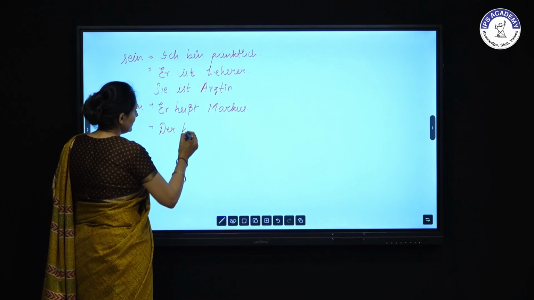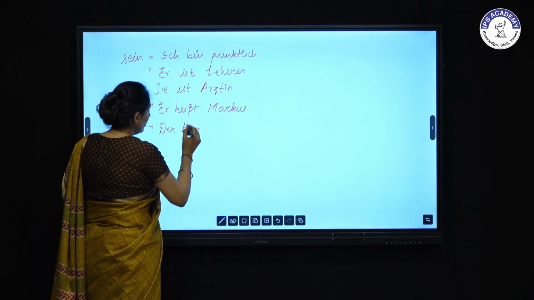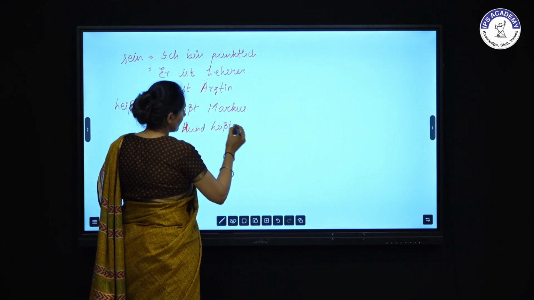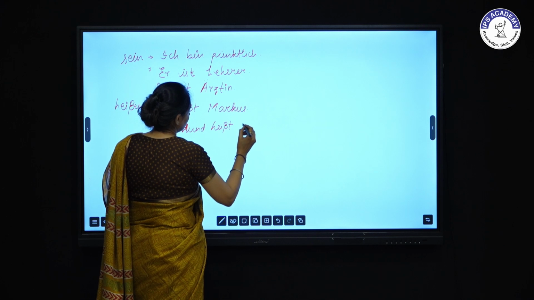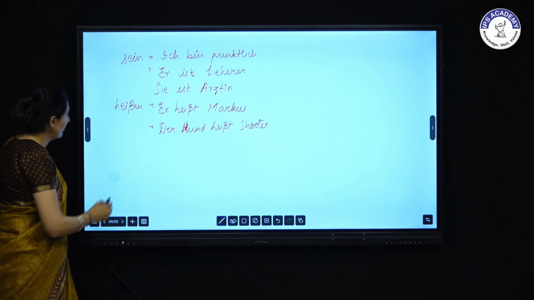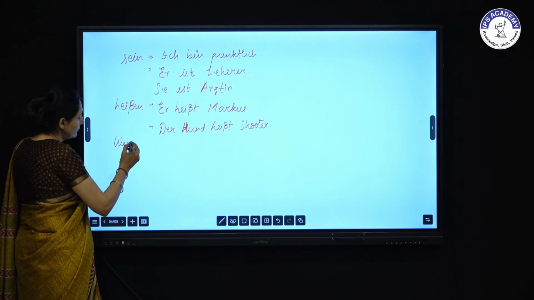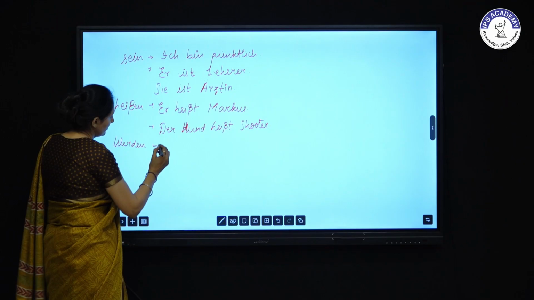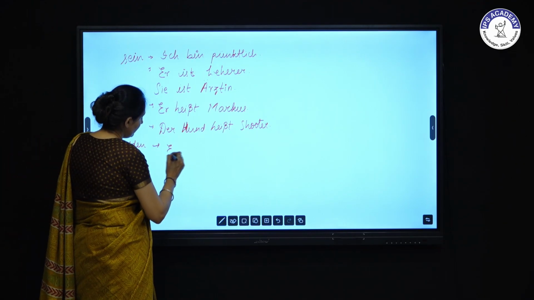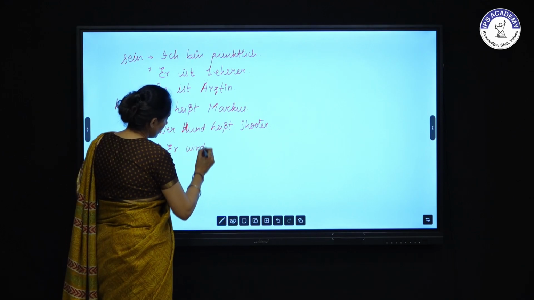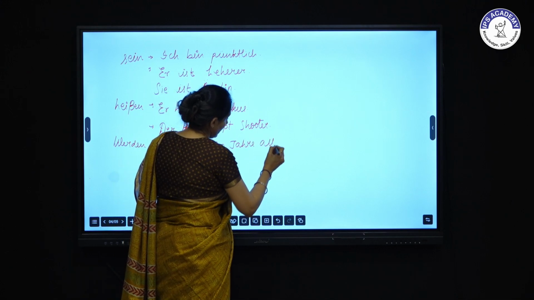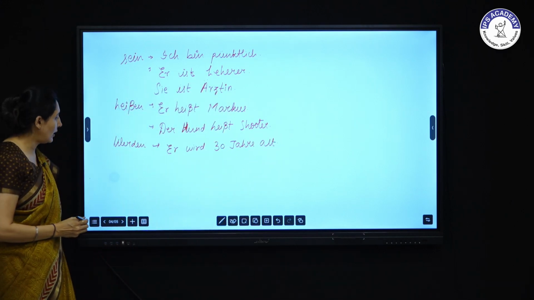Der Hund heißt Shooter. Hund is dog. When it comes to werden, we take it as, er wird sechs Jahre alt.